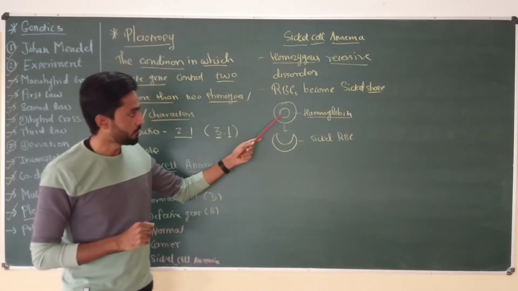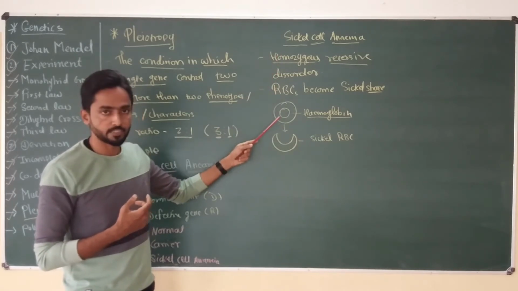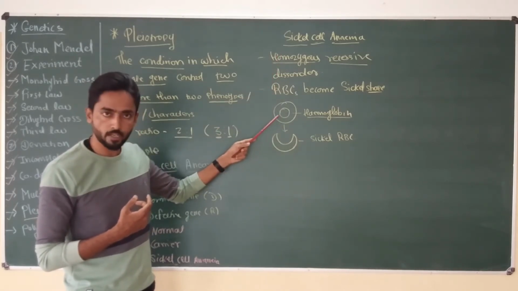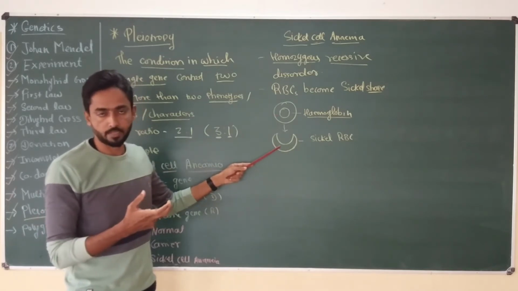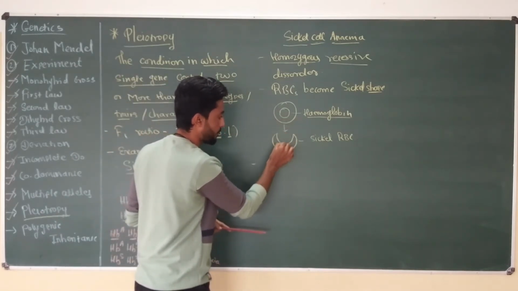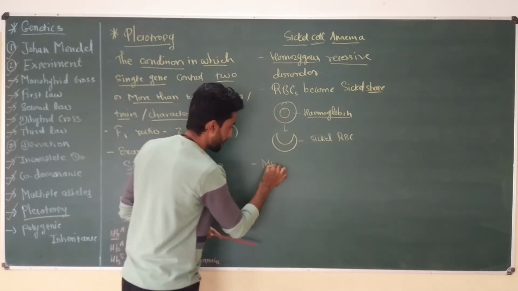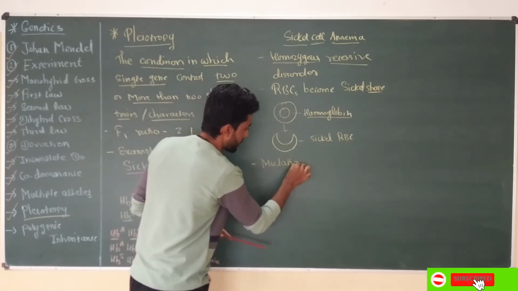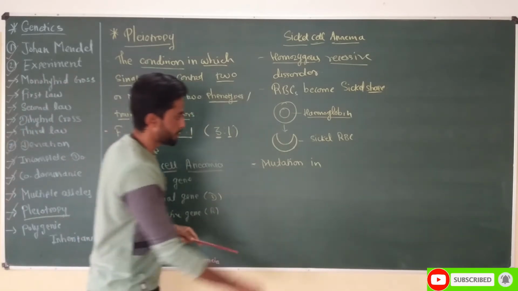Okay, now when the person develops sickle cell anemia, the shape of the RBC changes from normal round biconcave to sickle cell or half moon shape. Now, why did this happen? Why did the shape of RBC change? That is because of mutation in the HB gene, the hemoglobin producing gene.